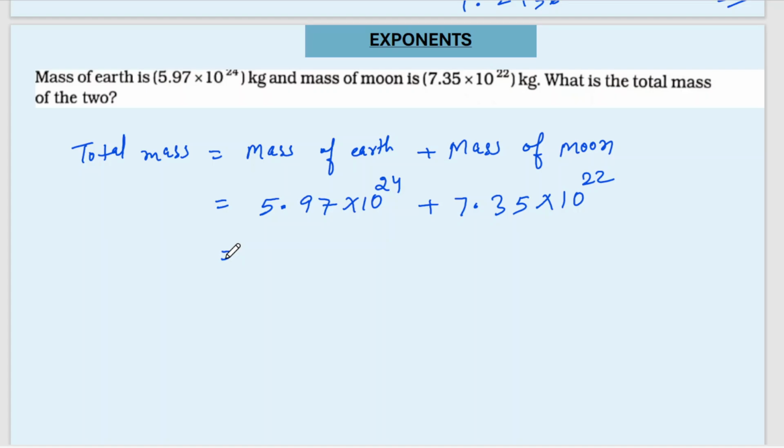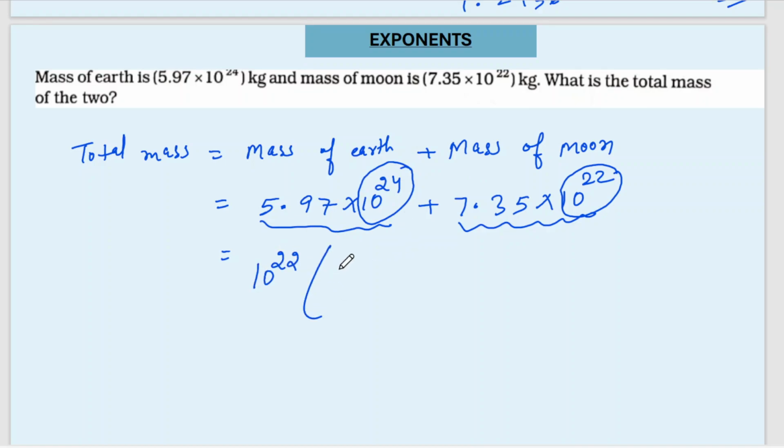Okay, now see, we have got the mass of earth and the mass of moon, and you can see minimum is common. What is 10 to the power 22 and 10 to the power 24? That means 10 to the power 22 is common in both. Yes or no? So what we are left with? 5.97 into 10 to the power 2 plus 7.35 into 1.